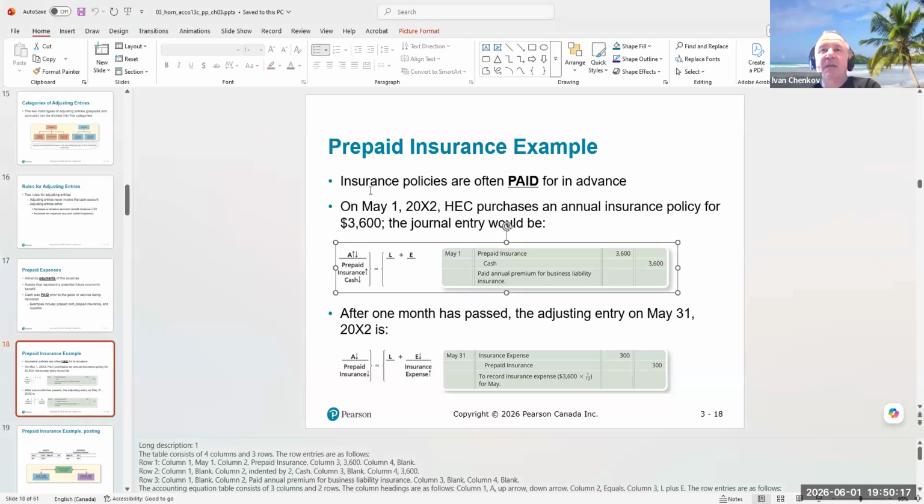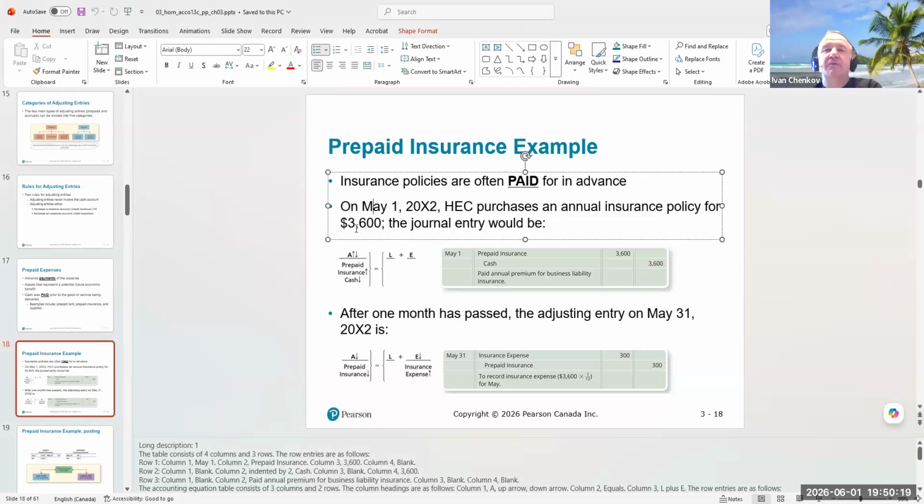So let's go with this one. What happened now? Insurance policy, again, 3,600 for 1 year. That means we're going to have the asset, prepaid insurance, which is settled with another asset, cash. Why do we need this prepaid insurance? Because we want to protect ourselves in the future.